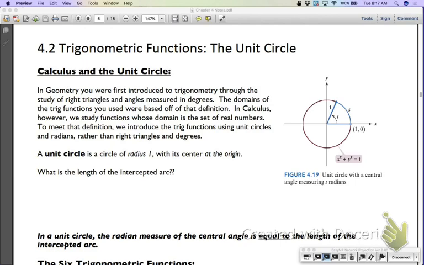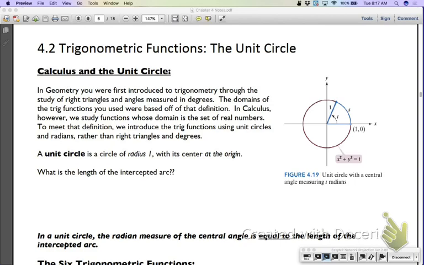Whenever we have a unit circle where the radius is 1 and the center is at 0, we can find all of the various points and what the angle measurement and radian measurement is, depending on where it's at on the unit circle, given that it's at a special place, and what the length of the intercepted arc is.